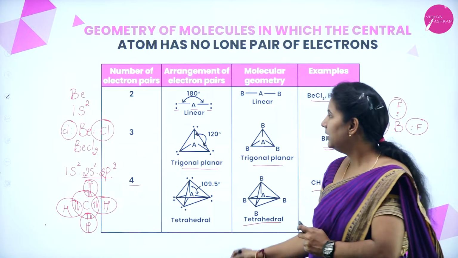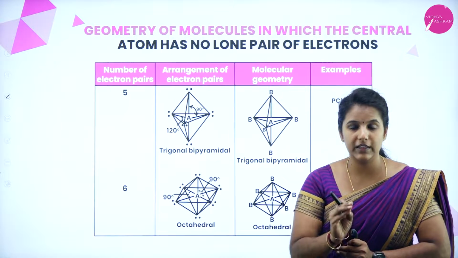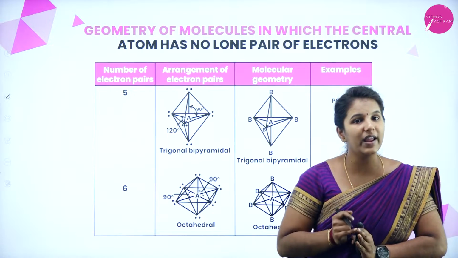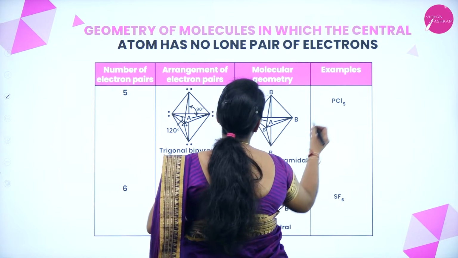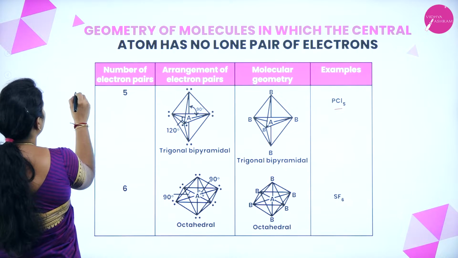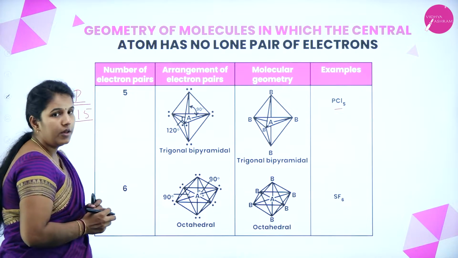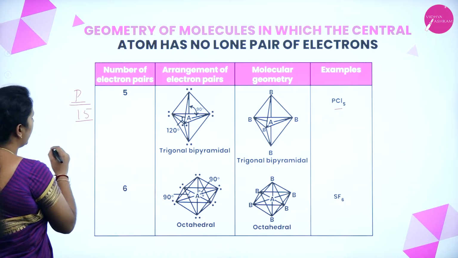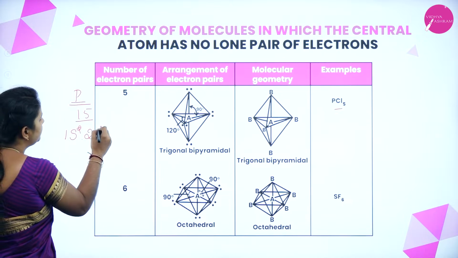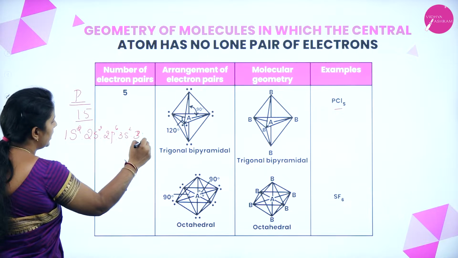Okay, next is if the number of electrons in the central atom is 5, that is, in its outermost shell it consists of how many electrons? 5 electrons. So now let us take the example of PCl5. In PCl5, phosphorus is the central metal atom, which has 15 electrons. The electronic configuration goes like this: 1s2, 2s2, 2p6 and 3s2, 3p3.